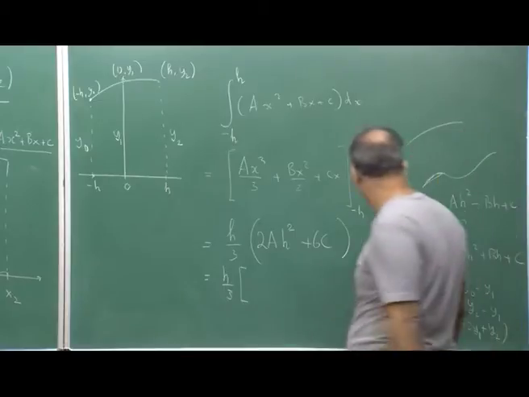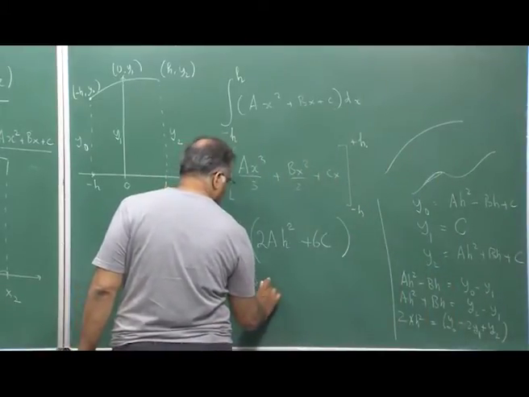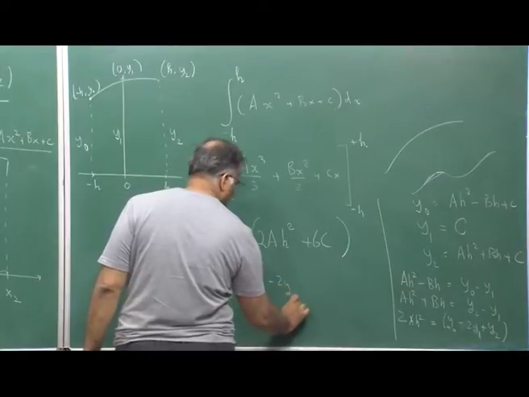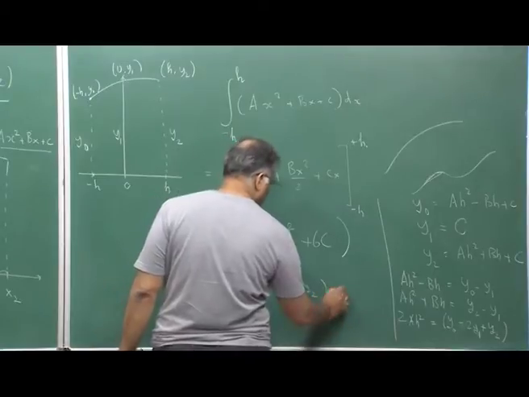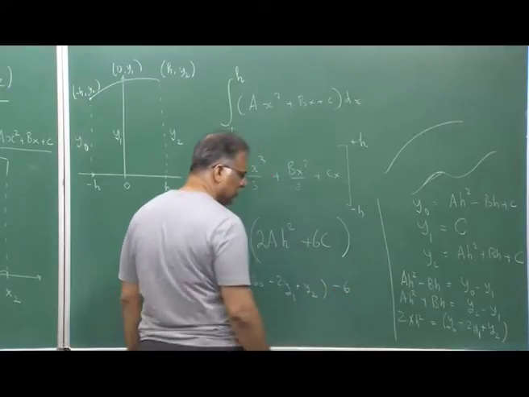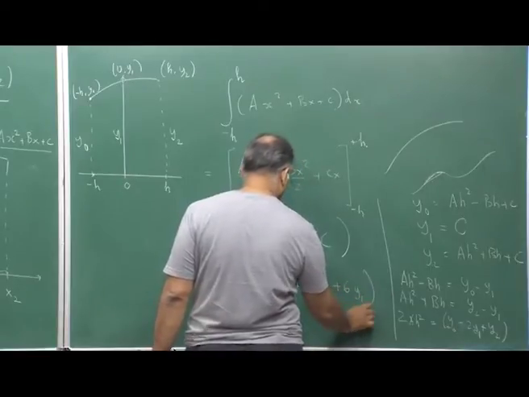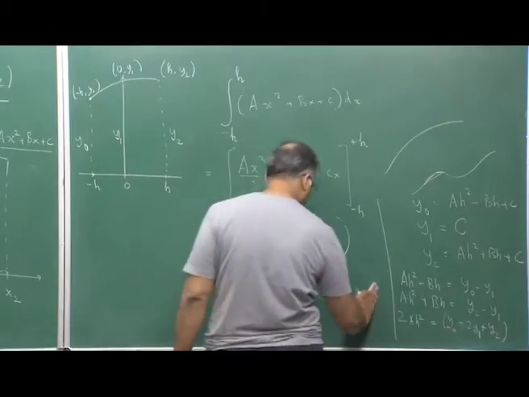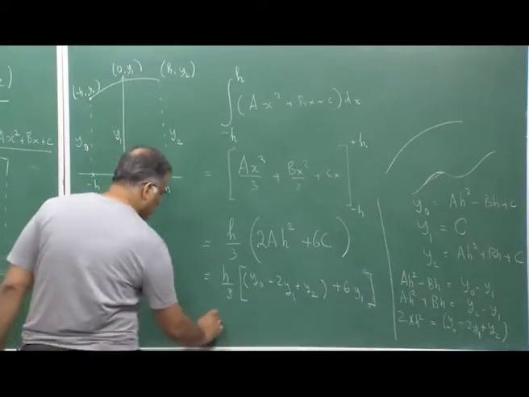So, you have y0 minus 2y1 plus y2 minus 6 plus 6y1. Oh, it looks dangerous. So what is my game?